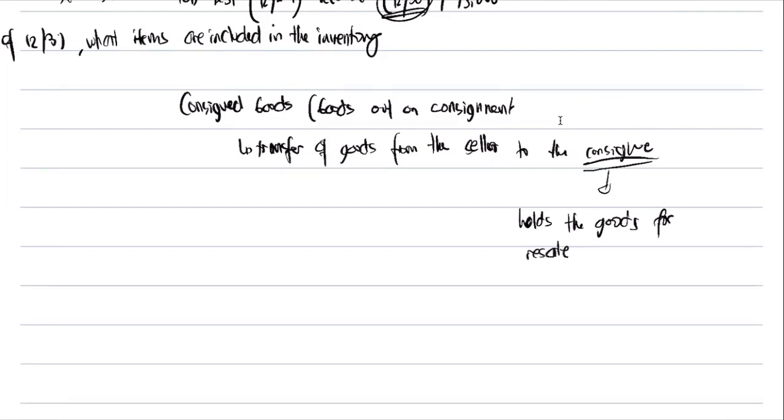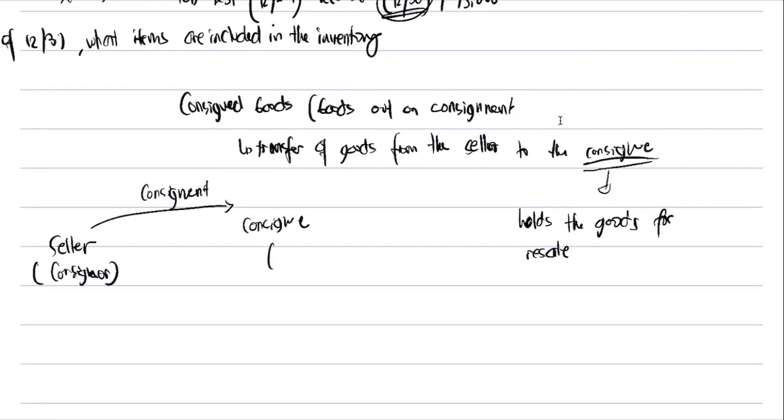So what happens in a consignment? We are the seller. You enter into a consignment contract with a consignee. So the seller is the consignor. Normally, this happens in the retail industry. So you first give the inventory to the consignee, and the consignee will sell the inventory.